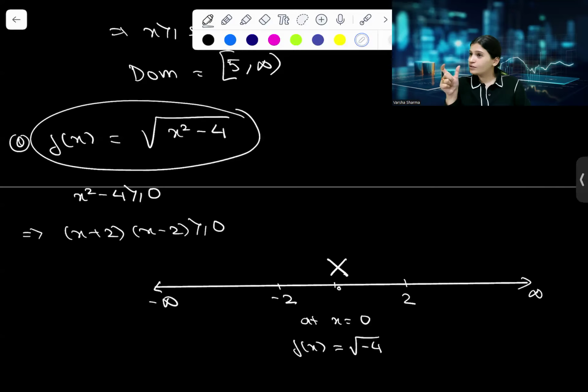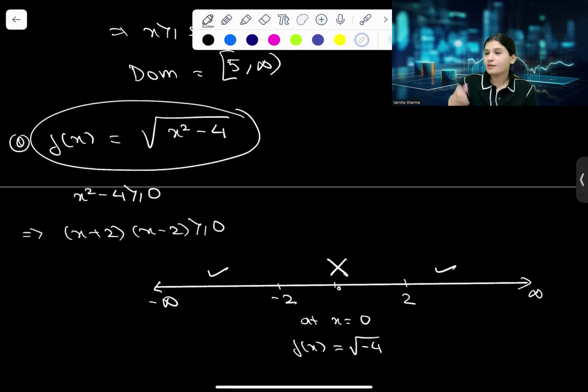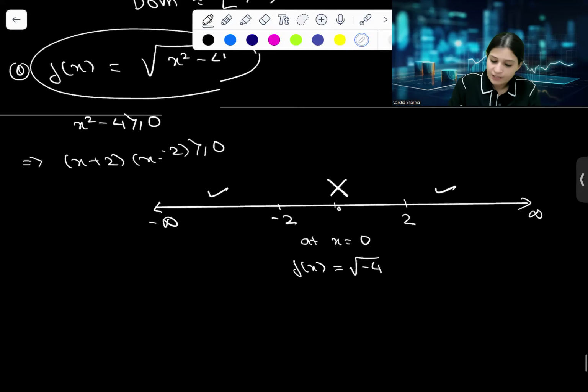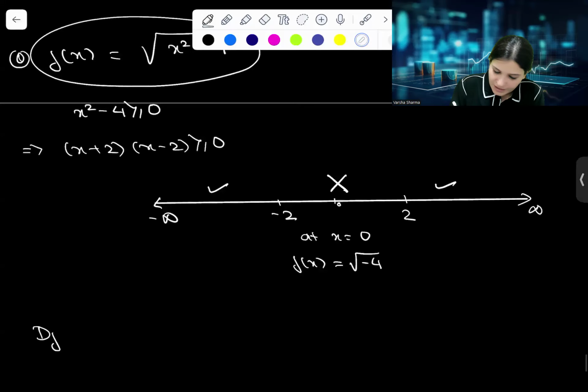If the middle one is no, it is always alternate: before yes, after yes. So I'm allowed to have these two as my answer, but I'm not allowed to have the middle one. So my domain would be from minus infinity to minus 2, union 2 to infinity.